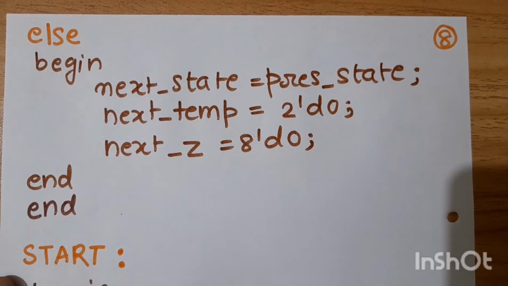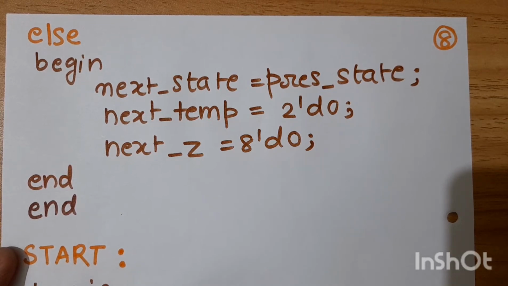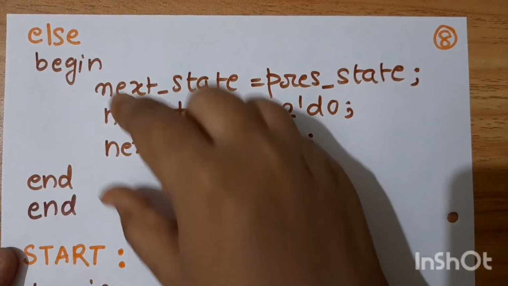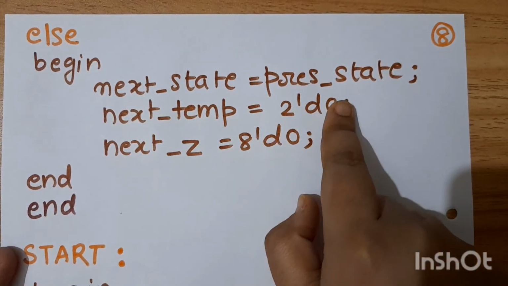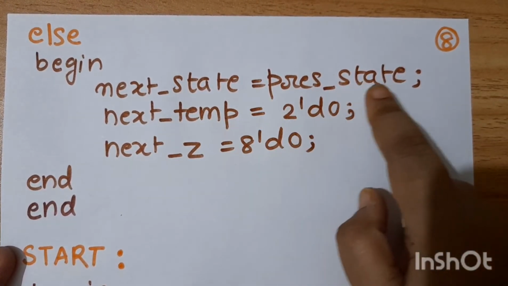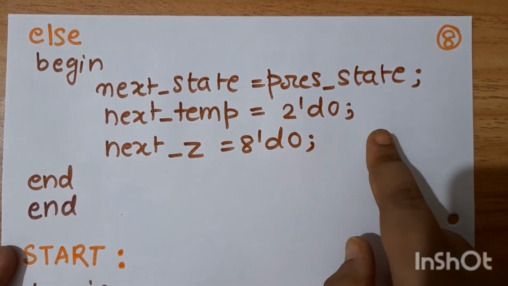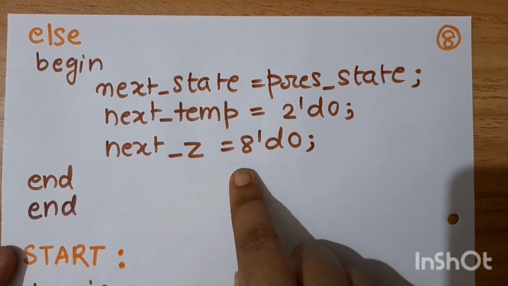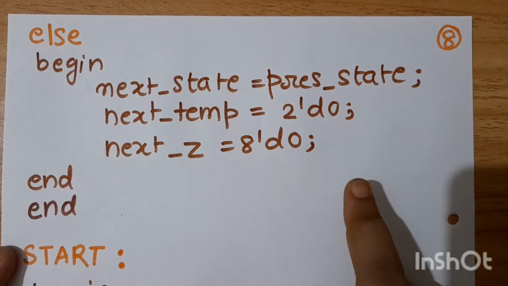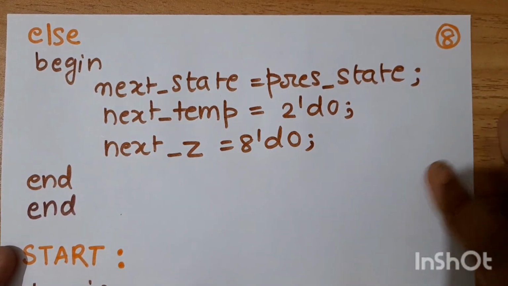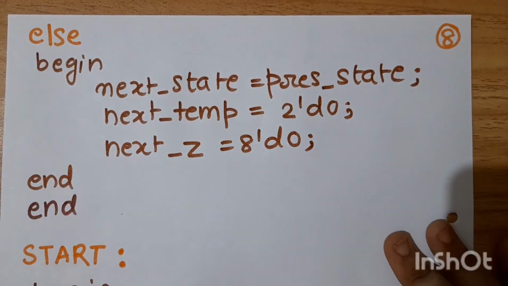If the start statement is false, then the begin and end block we will not enter. We will enter this particular block where 3 statements are there. Next state is equal to present state; next temp is equal to 2'd0; and next underscore z is equal to 8'd0; end. Okay, these 3 statements we will enter.